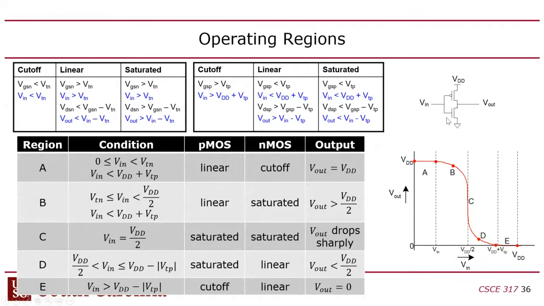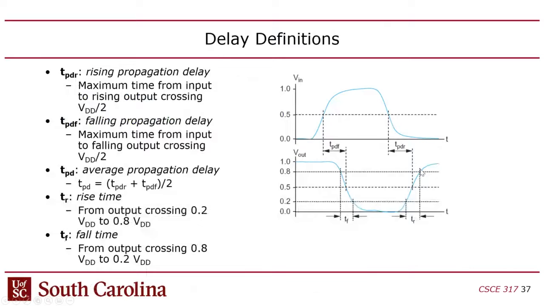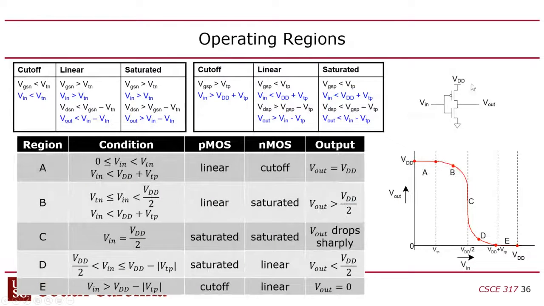And the reason for that is because the drain-source voltage of the nMOS will be very high. The V out will still be getting pulled up. The output is high, right? So the inverter is actually still generating a high output voltage.